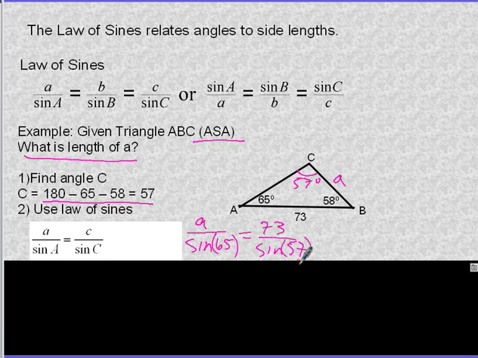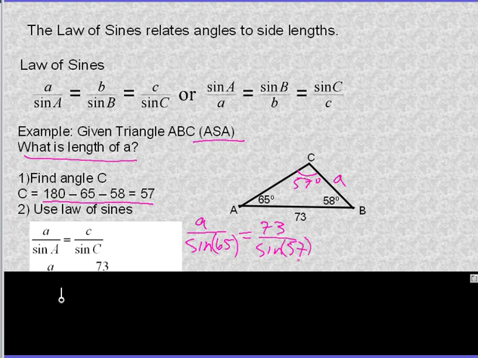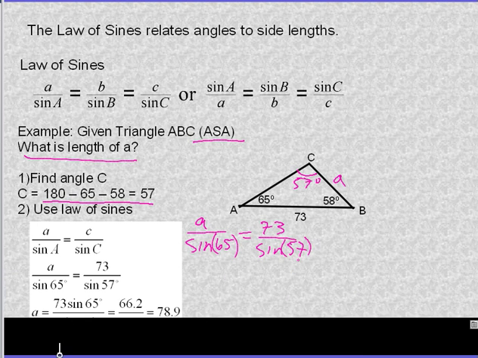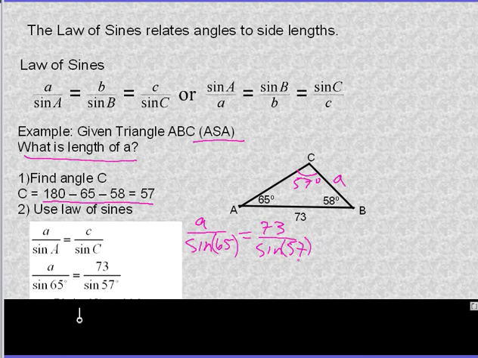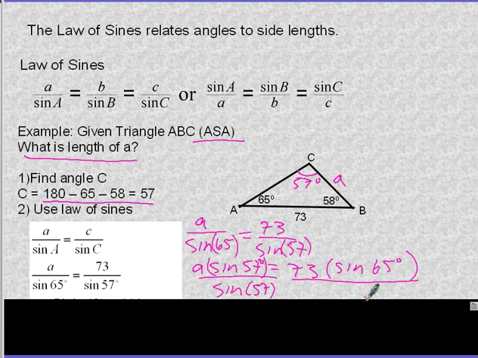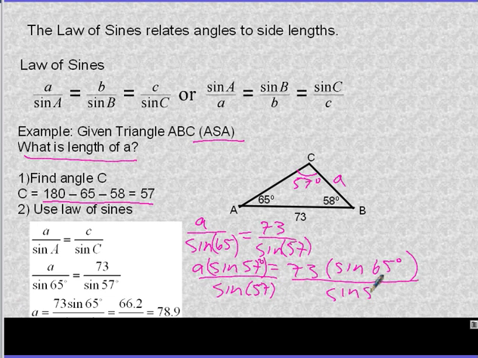Then we're going to cross multiply. So I get A times the sine of 57 degrees is equal to 73 times the sine of 65 degrees. Then to solve for A, I just divide out my sine of 57. And we plug that into our calculator.